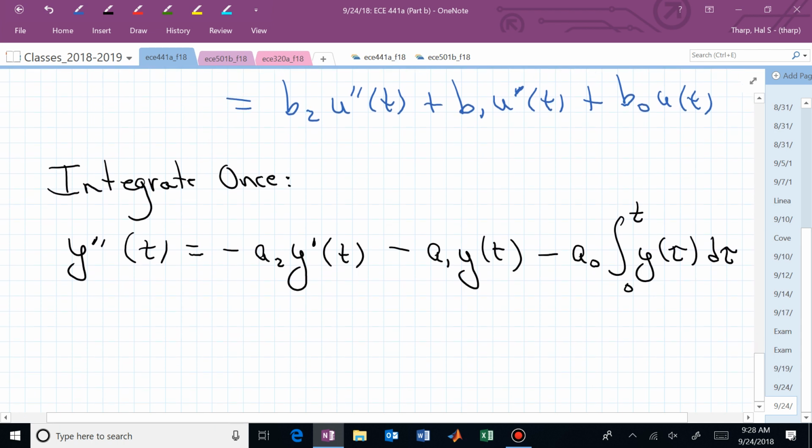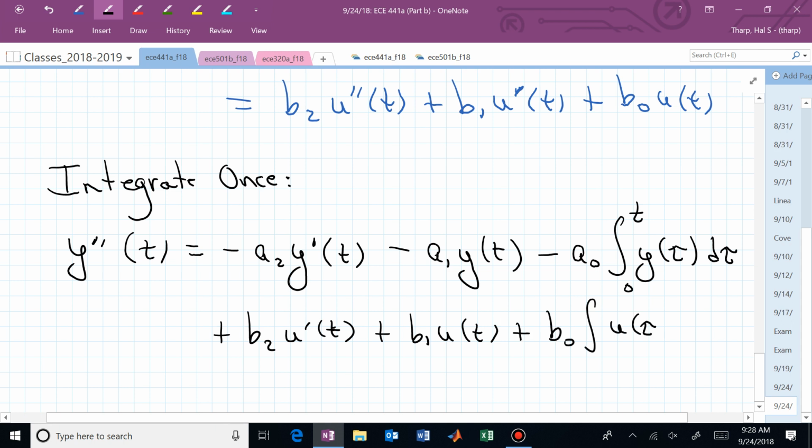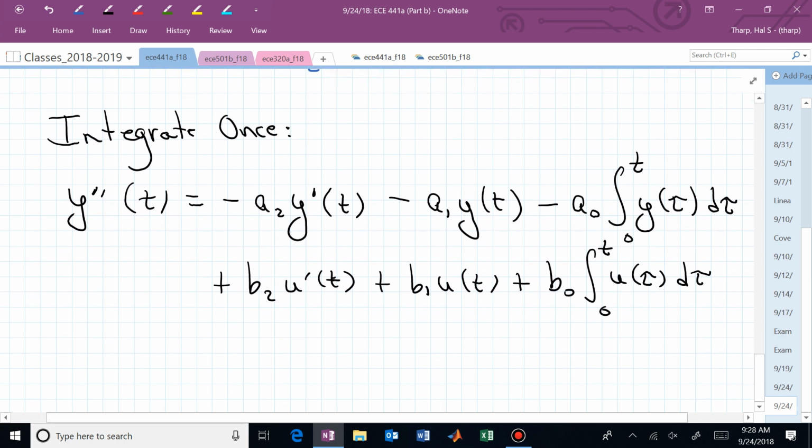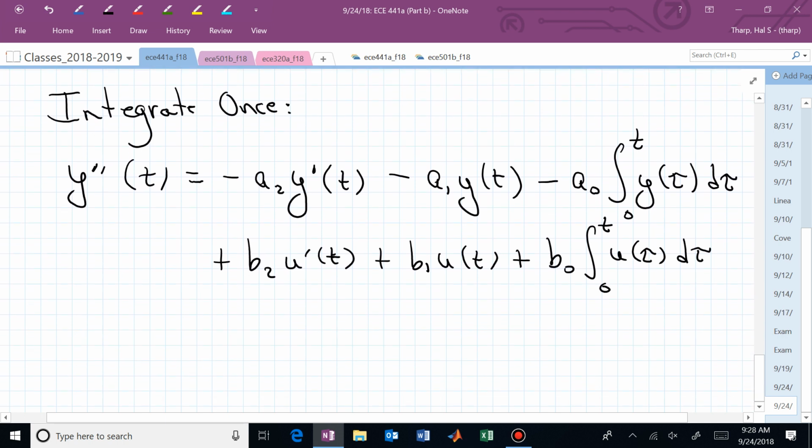Doing the same to the b's, I have plus b sub 2 u prime plus b1 u plus b sub 0 integral u of tau d tau 0 to t. I can clean that up even a little bit more if the integration operation is a linear operation.